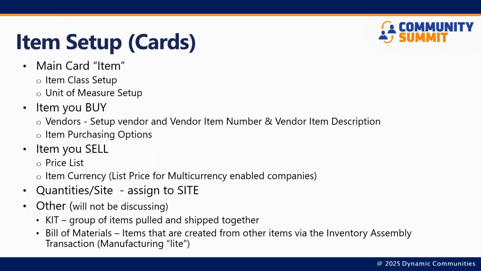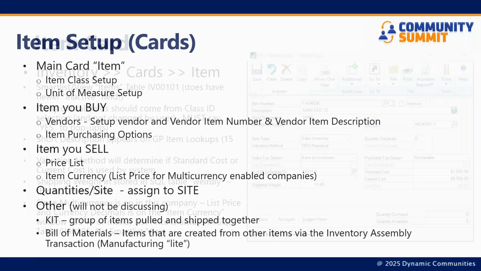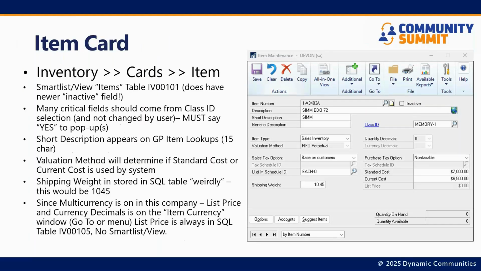Okay. All right. So on our item cards, which is under inventory cards item, whether you go to the side menus or the top menus, there's a whole bunch of fields on it. All of these fields are available on the SmartList view named items, which is the SQL table IV00101 if you care.